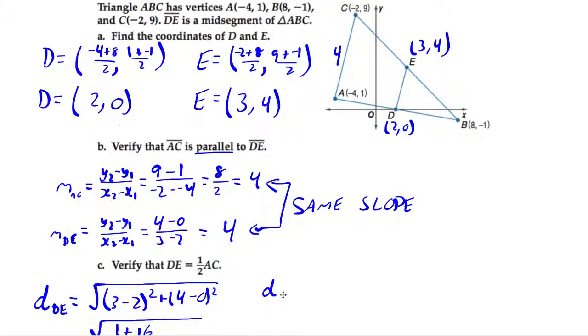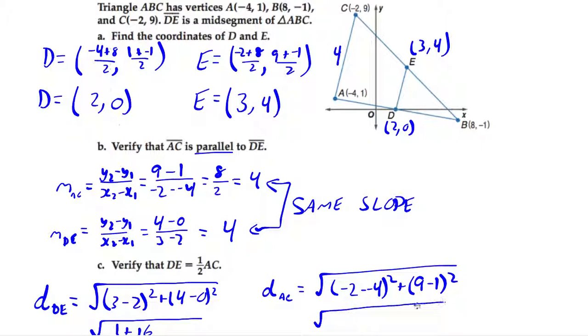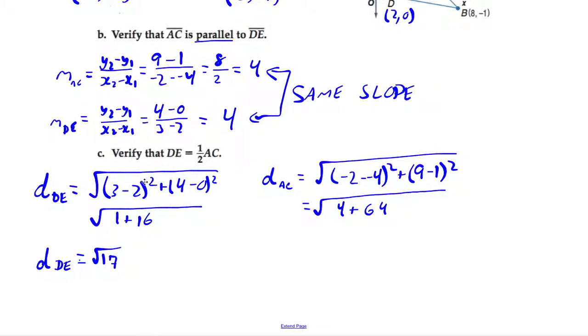The distance for AC is, if we have those x values, -2 minus -4 squared plus 9 minus 1 squared, and that gives us 2 squared, which is 4, plus 8 squared, which is 64, and so this gives us the square root of 68.